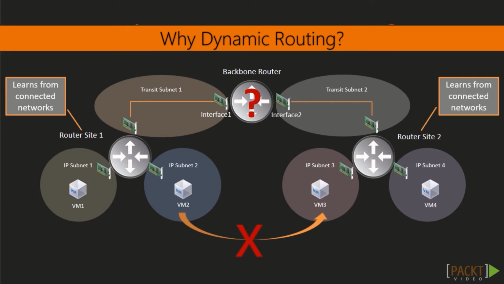And the router at site 1 does a routing table lookup, finding out it has no clue about the destination IP network. So because it also has a configured default gateway, it sends the Ethernet frame to the backbone router via the transit subnet. And the backbone router does a routing table lookup and does not have any entry, so it is not able to route to the destination network.